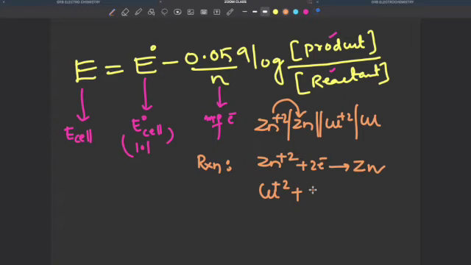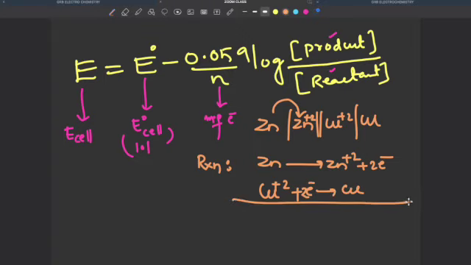Copper plus 2, zinc is oxidized. मैंने उल्टा लिखा है. It should be zinc to Zn plus 2, right? Oxidation है ना. Zinc will be oxidized to Zn plus 2 plus 2 electrons. Copper plus 2 takes up 2 electrons and produces copper.